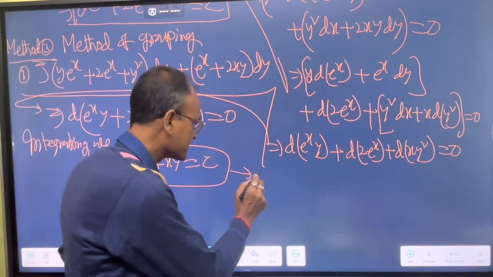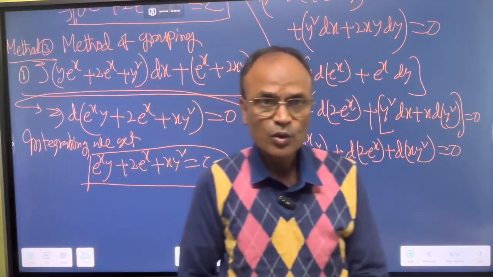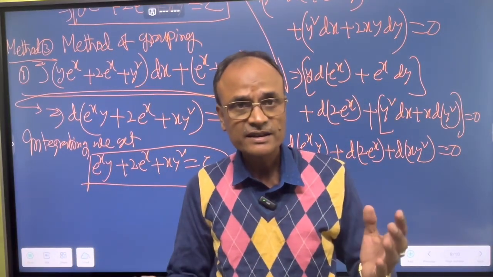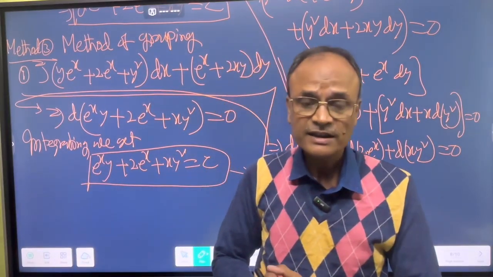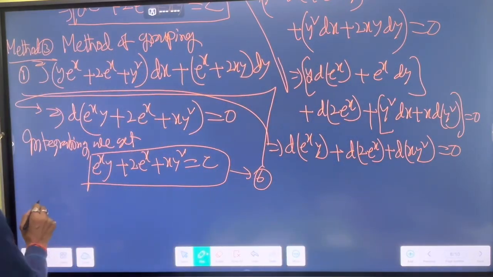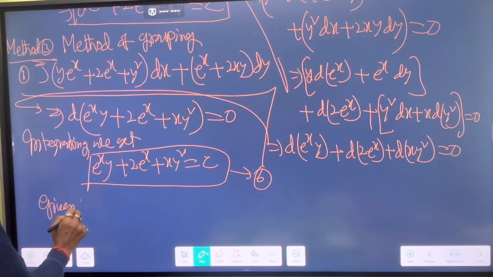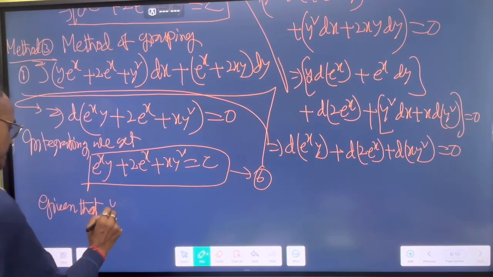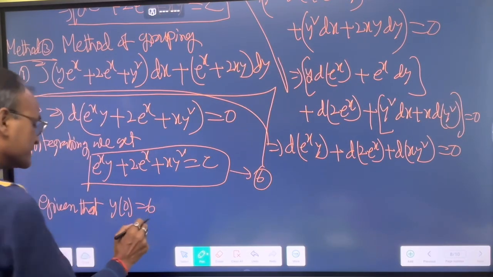Suppose this is number 6. Now we apply the given condition. The given condition was y(0) equal to 6. Given that y(0) equal to 6.